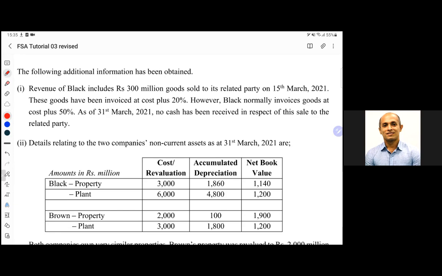Now you see number 1. The revenue of Black includes 300 million goods sold to a related party on 15 March 2021.